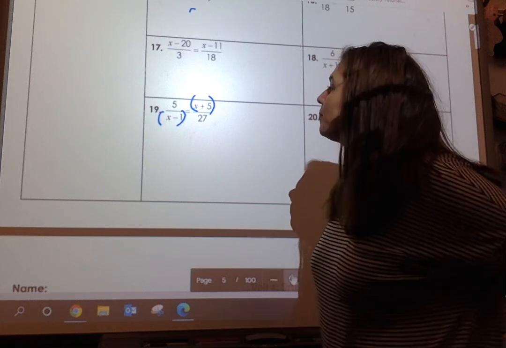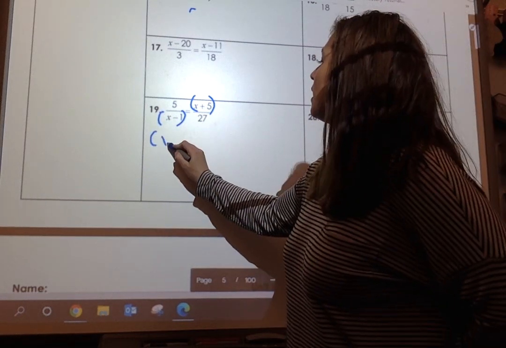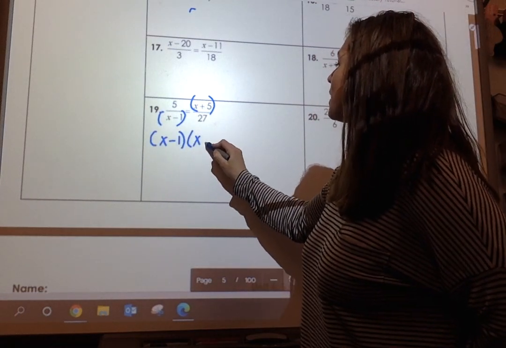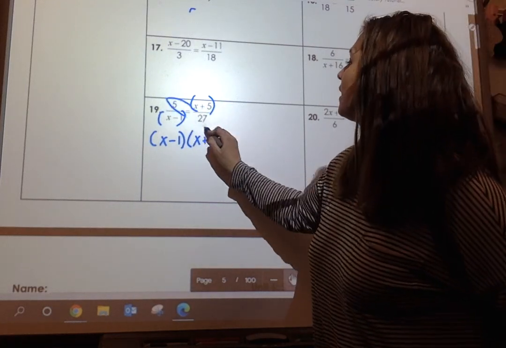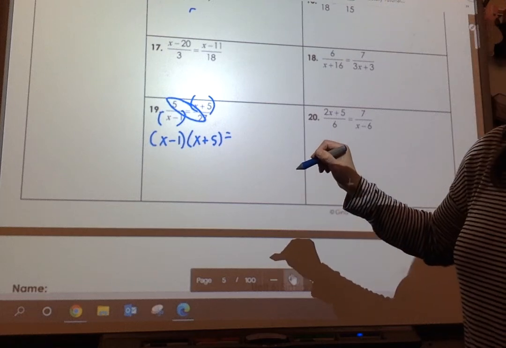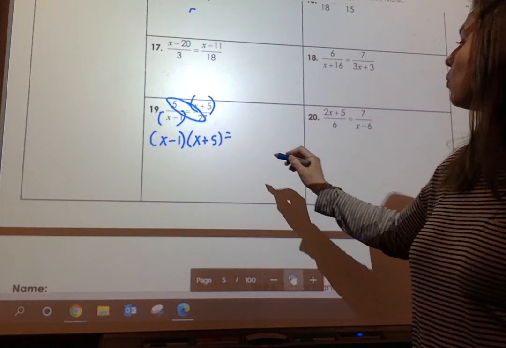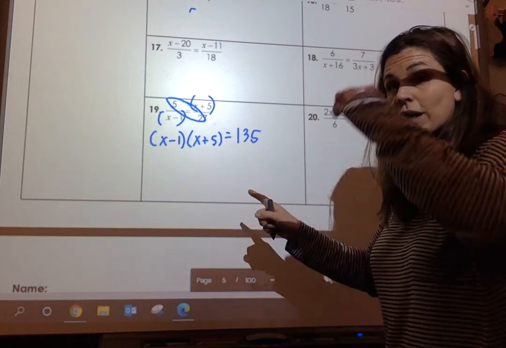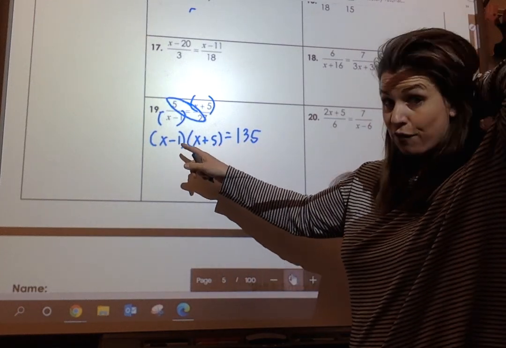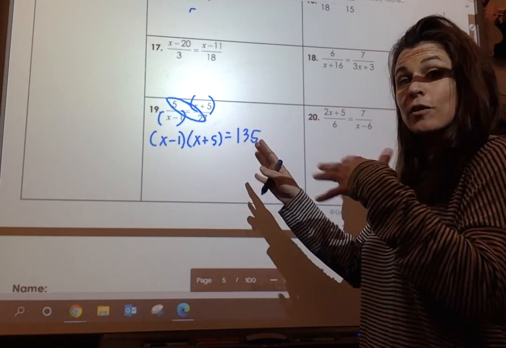When you multiply x minus 1 times x plus 5, again, it's a binomial times a binomial, and then I set that equal to 5 times 27, and 5 times 27 is 135. I expect you guys to be in tutoring if you do not remember how to do this. The FOIL method where we did first, outer, inner, last.